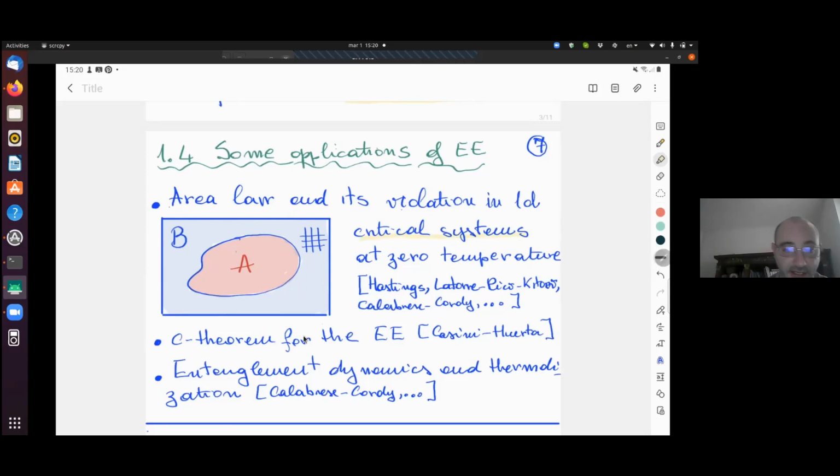One can even construct, since this at the end is an entropy, and we'll see in which sense, quantities starting from the entanglement entropy which are decreasing along coarse-graining, renormalization group transformations, and this has also been a very important observation done by Casini and Huerta.